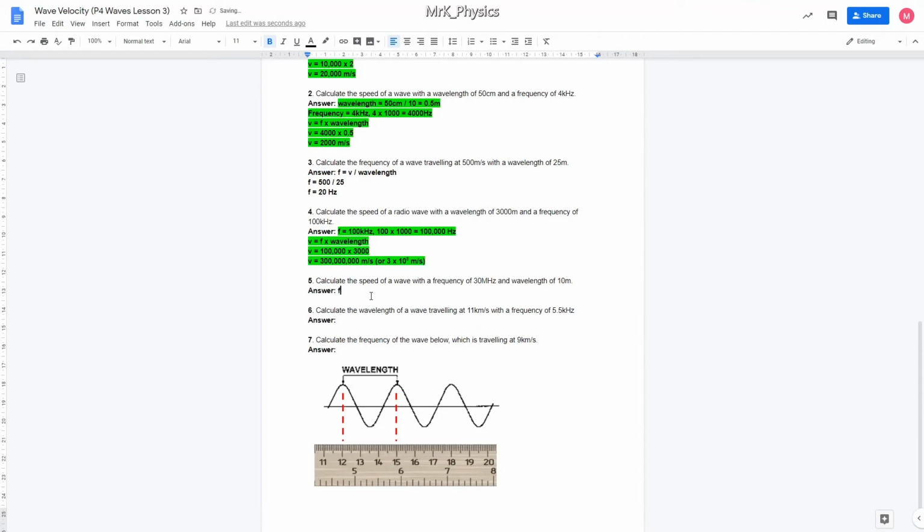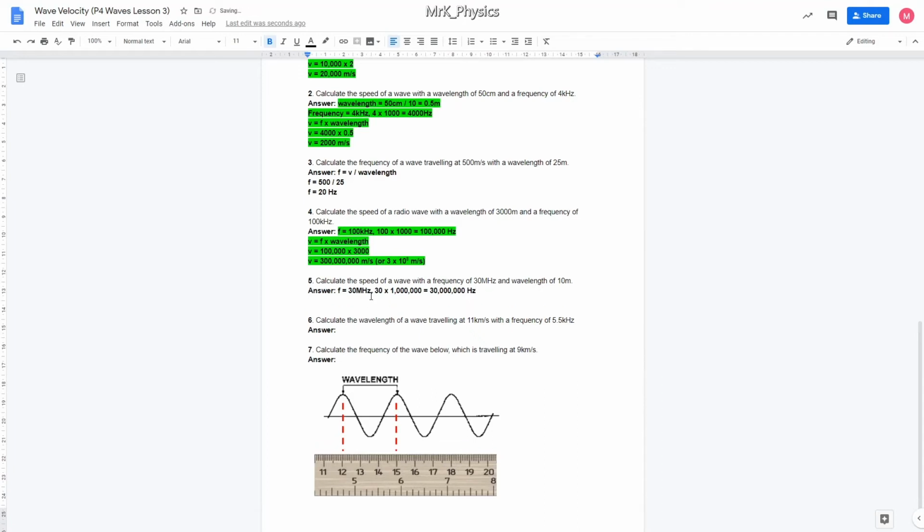So we'll just put here frequency equals 30 MHz, that's mega, M for mega. And what we'll do then is we're just going to do 30 times by a million, which is going to give you 30 million hertz. Again, you could put this in standard form and that would be completely fine.